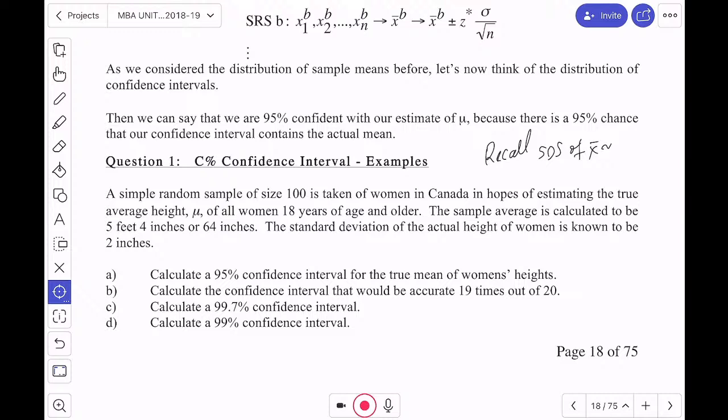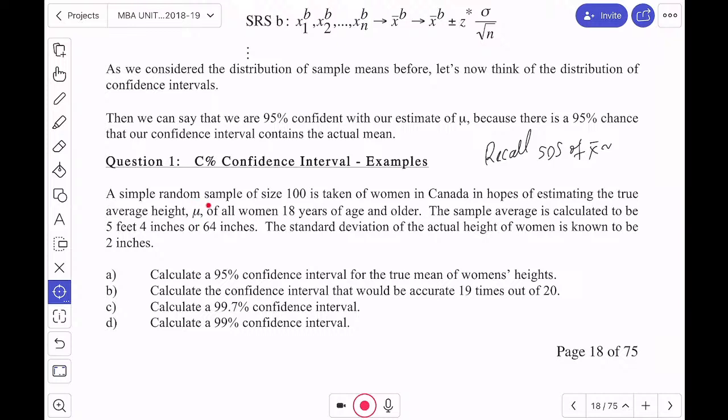Okay, let's work with this example and you'll see what to do. A simple random sample of size 100 is taken of women in Canada in hopes of estimating the true average height, mu, of all women 18 years of age or older. So they don't know it, they want to estimate it. When we worked with SDS, usually you were given information on mu and sigma.